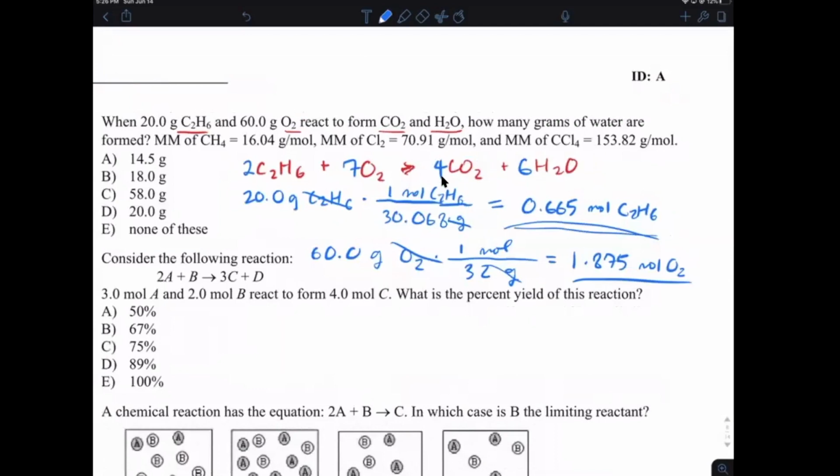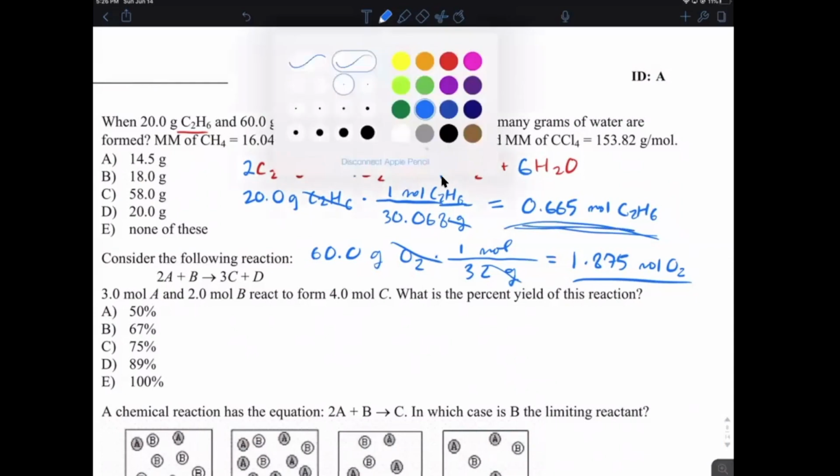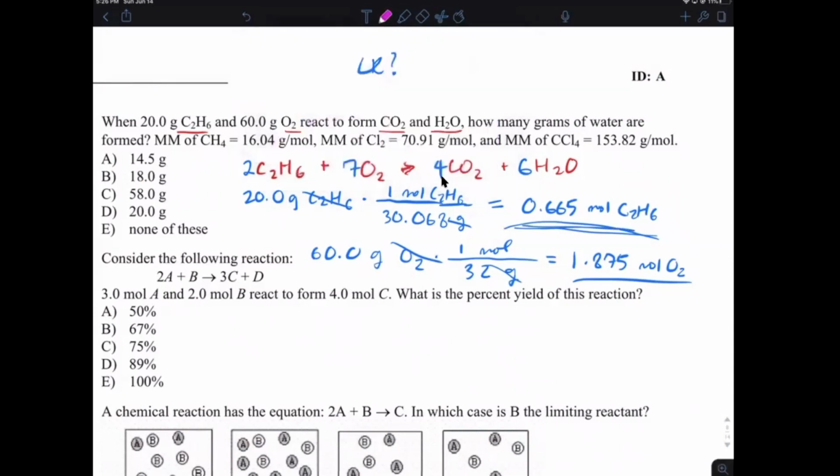So which one is the limiting reactant? How do we find that? Well, last time I showed you a shortcut. So all we have to do is divide by the coefficient, right? And whichever one is smaller is going to be our limiting reactant because it's what's used up first. So let's compare 0.662 divided by 2 with 1.875 divided by 7.